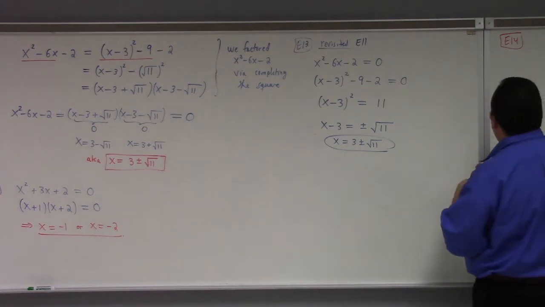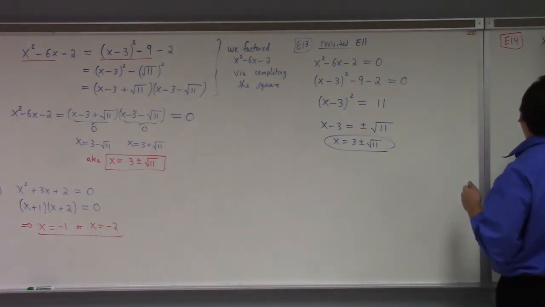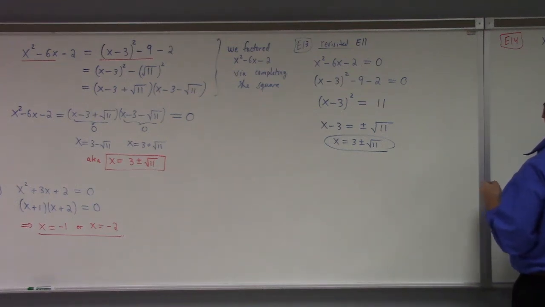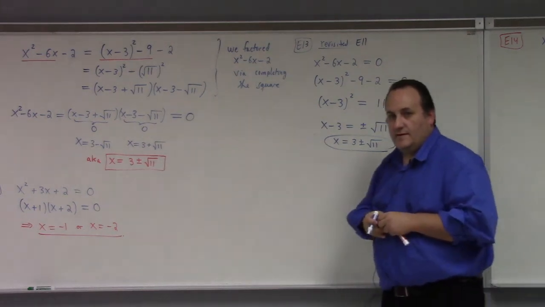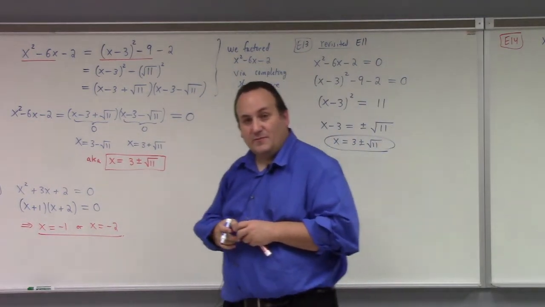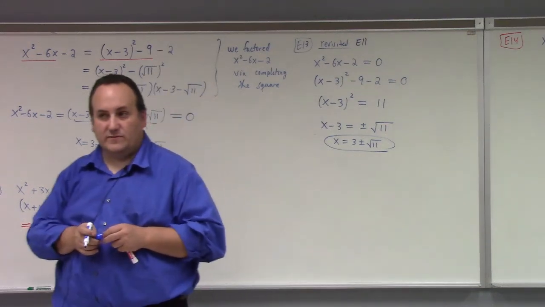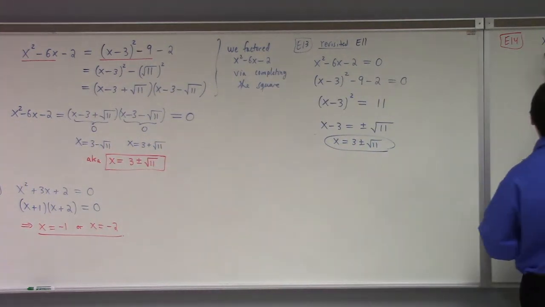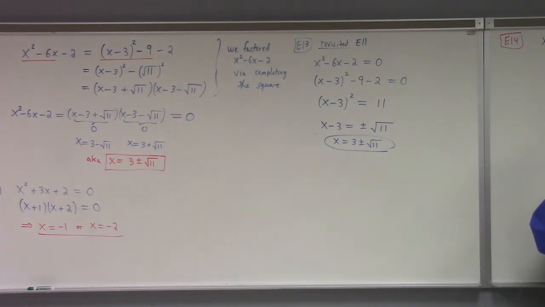Maybe we're facing something like x squared plus 4x plus 7, all right? And this time I'll let you guys choose whether we want to use the factoring idea or the square root property. Okay? So complete the square, what do I got? I've got (x plus 2) squared minus what?